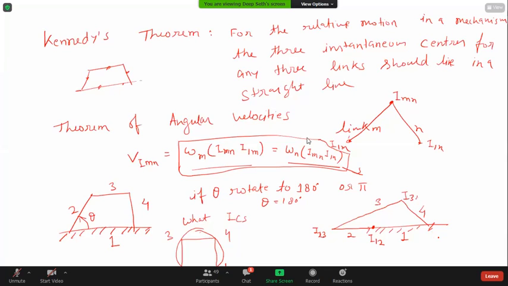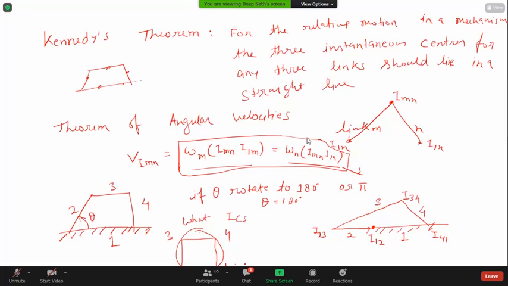Here you have your I41, or I13, whatever you want, you can write it. Now we have determined almost all the instantaneous centers. So we know I12, I23, I34, and I41.